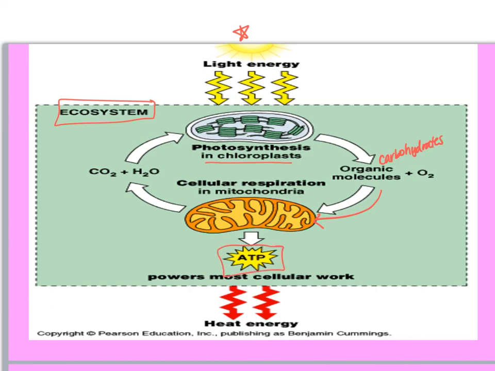So ATP is going to be made in order to power that organism's body, and heat is going to be a byproduct. And then cell respiration will also produce water and carbon dioxide, which then goes back into the plant, so the plant can begin photosynthesis again. So this kind of shows how in an ecosystem, all the organisms are important and depend on each other.